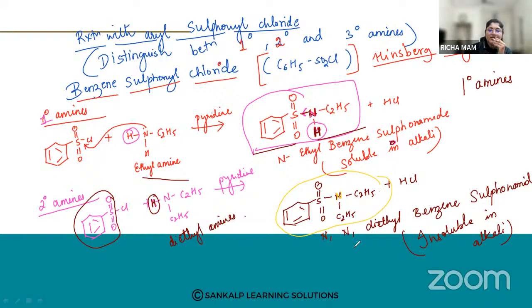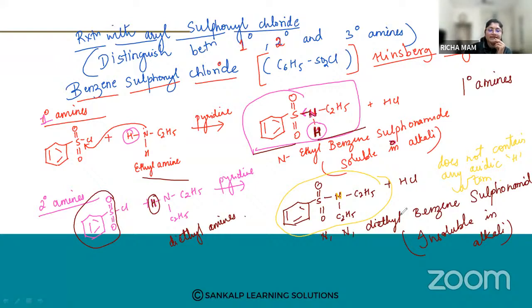So, as in the case of N,N-diethyl benzene sulfonamide, it does not contain any acidic hydrogen atom attached to the nitrogen. Because of this, it is insoluble in alkali. Is it clear now?